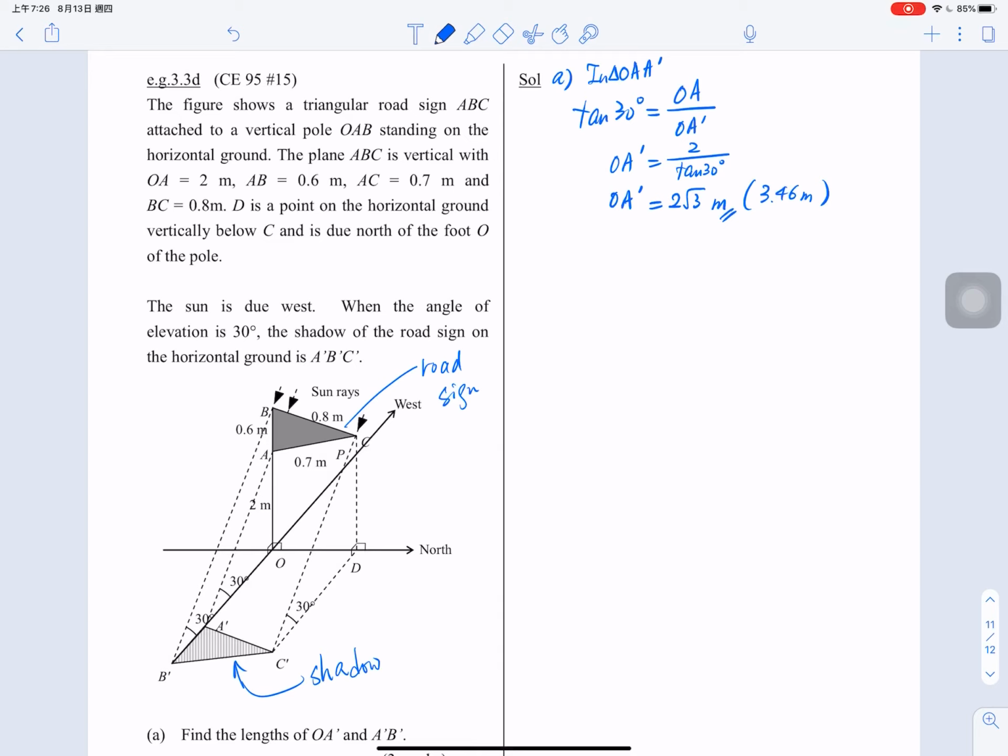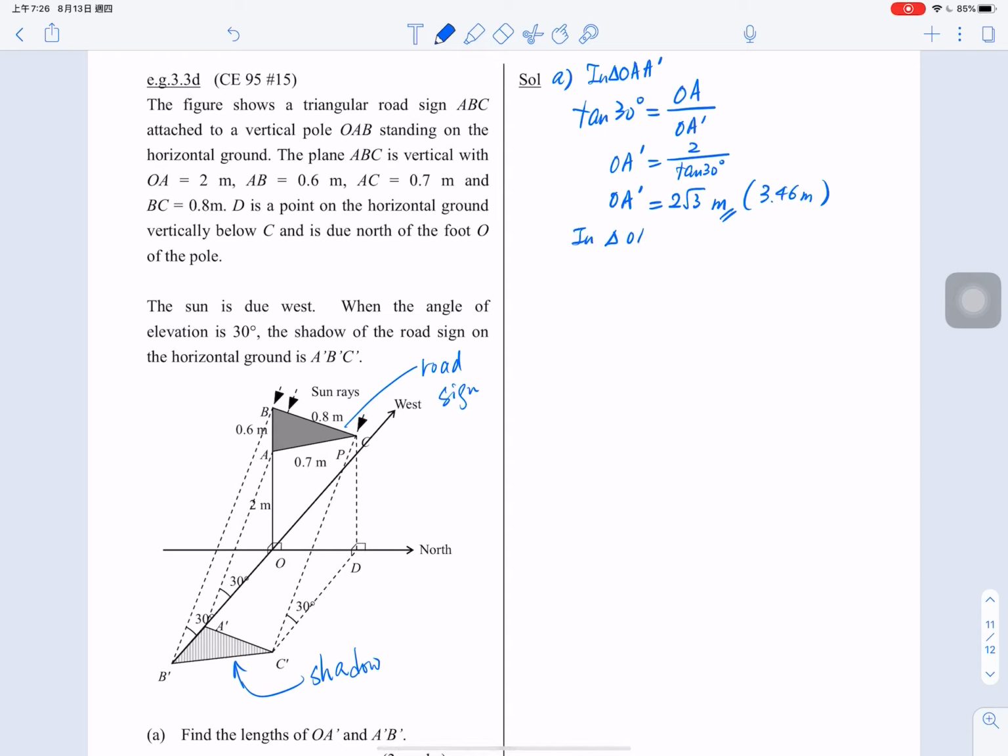Goes on. How about A'B'? Actually, for A'B', you think, is it to use this triangle? However, there is no information here, so better to think about this one. OBB', again simple like OA'.